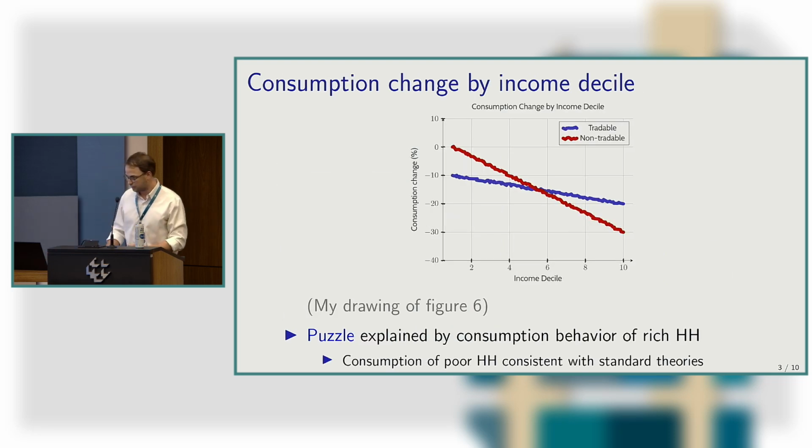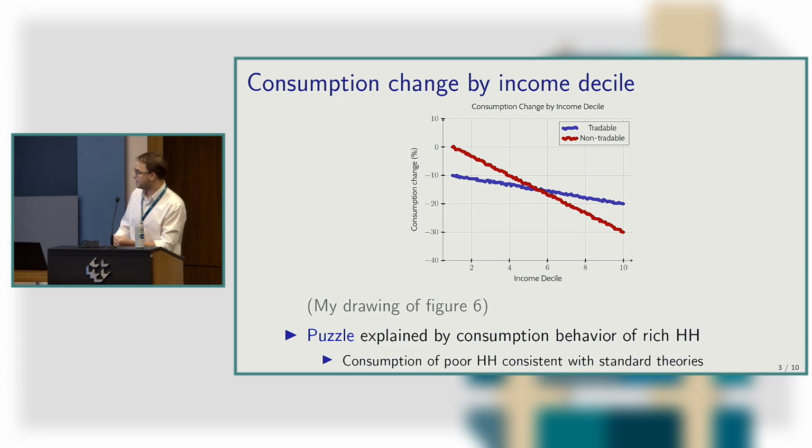So the second important fact that he documents in the paper, and here this is my drawing of his figure 6, shows the change in consumption of tradables in the blue line and non-tradables in the red line for different income groups, splitting households based on their income levels.